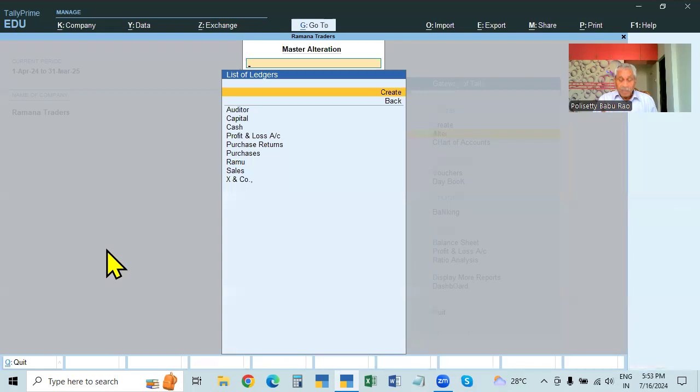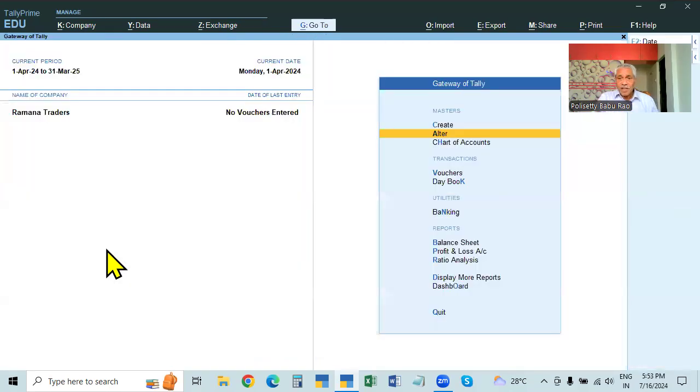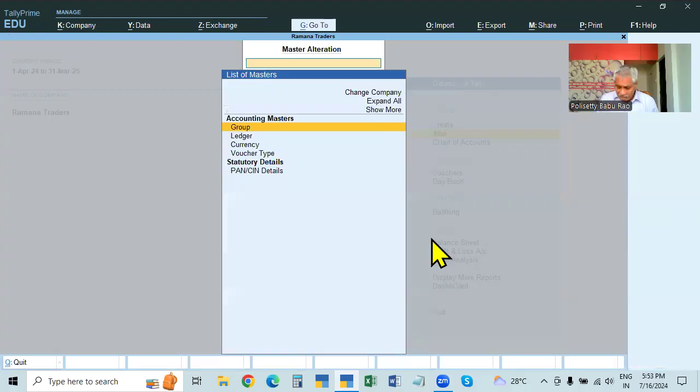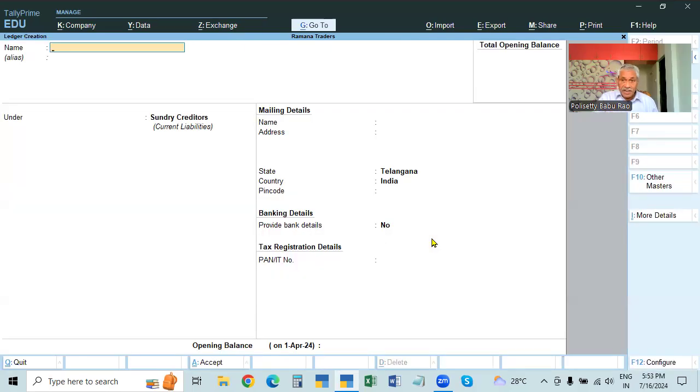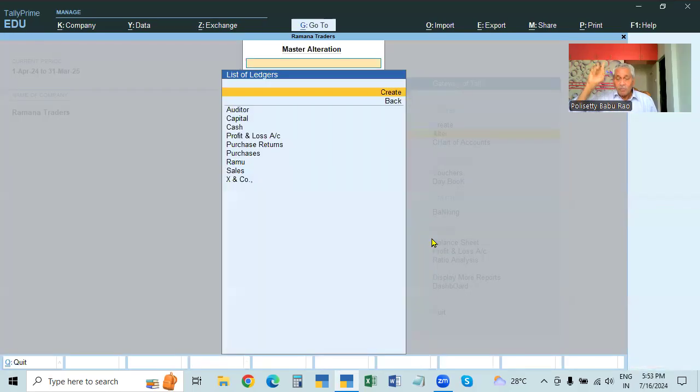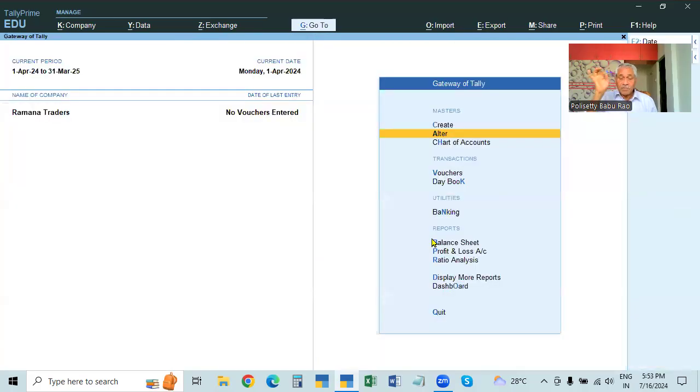Some more ledgers we will create during the voucher entry. Instead of coming back to the Gateway of Tally, coming to alter, selecting ledger and selecting create, and after creating, again going back to the voucher, when you are entering the transaction in the voucher itself, at the same place where you require a debit account and credit account, wherever you require a new account which is not already created, there itself we can create.